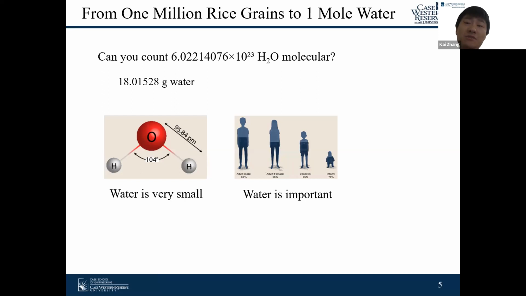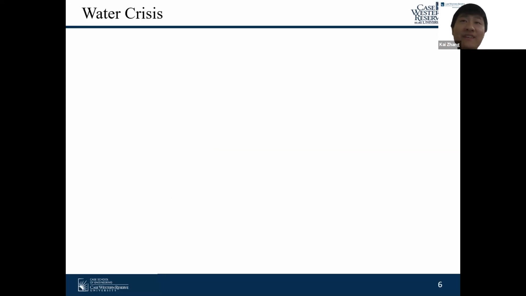So it becomes crucial to provide enough clean water. But in reality, the mission of providing enough clean water cannot always be achieved, and the water crisis is everywhere.